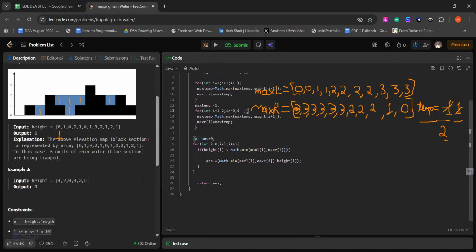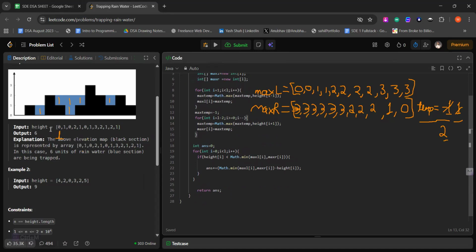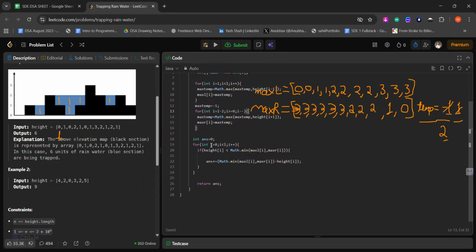And then for finding the answer, I declared a variable named answer, and then I traversed it from height of I, which was our initial array.